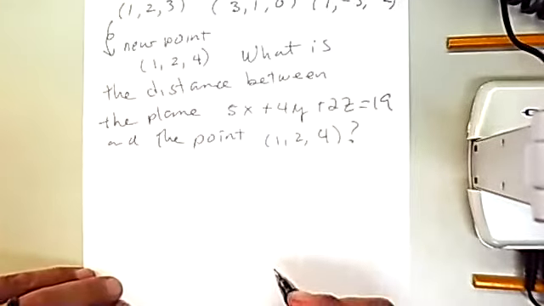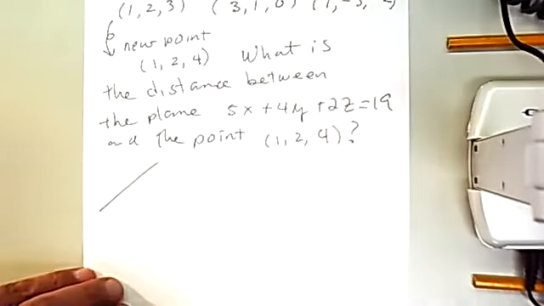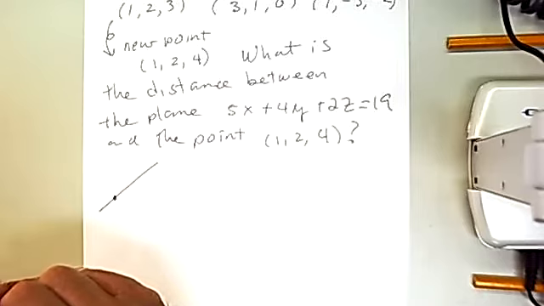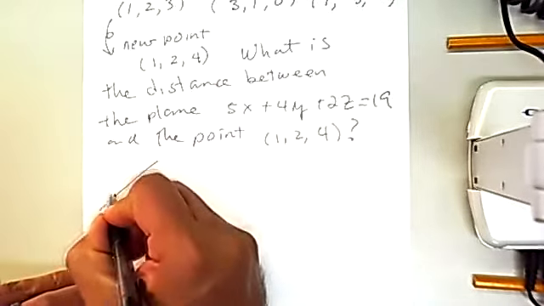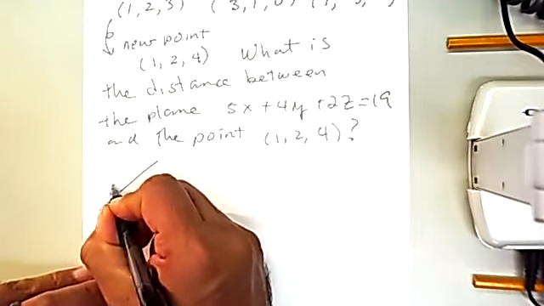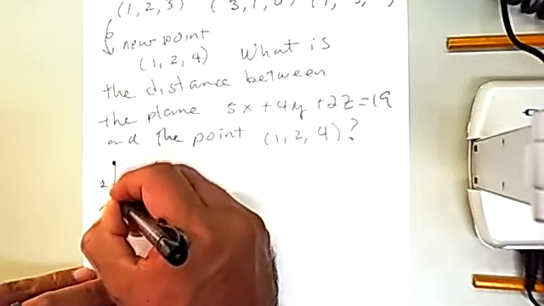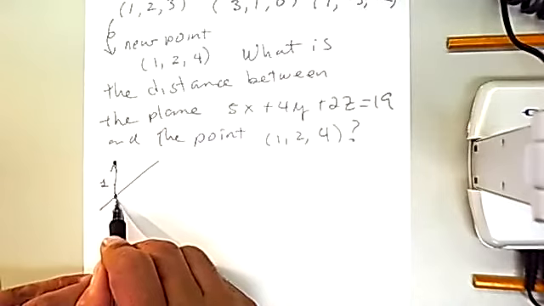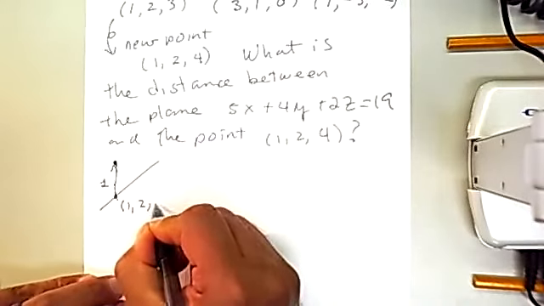So this is sort of what's going on. Pretend that is a profile of the plane. We're looking at the plane from its side. And then if we shift this point up by 1 unit, which is what we did, this point used to have coordinates 1, 2, 3.